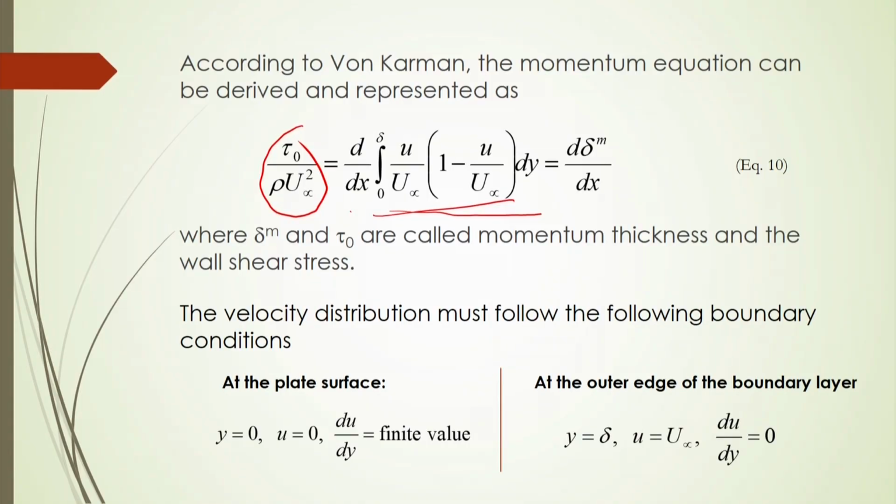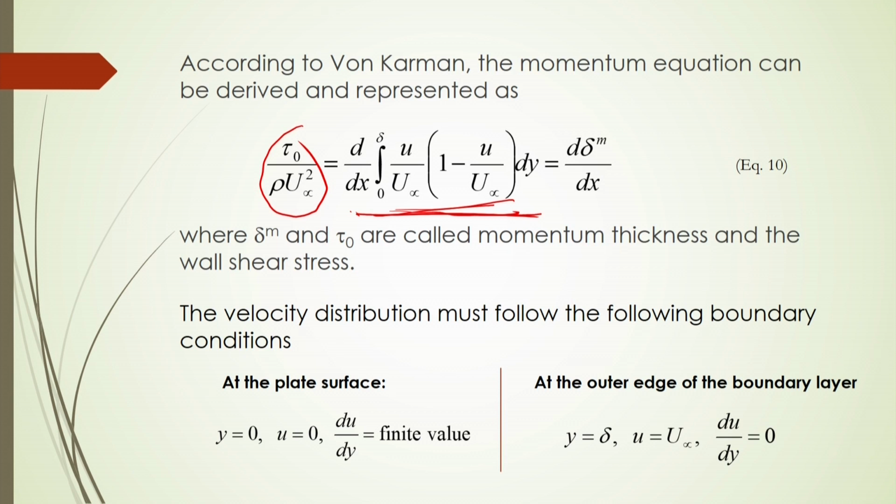Now, if we divide the momentum by the kinetic energy term, rho u infinity squared, we get that the shear stress equals rho u infinity squared times d/dx of the integral of u by u infinity times 1 minus u by u infinity, dy. From this equation you can easily calculate the momentum equation.